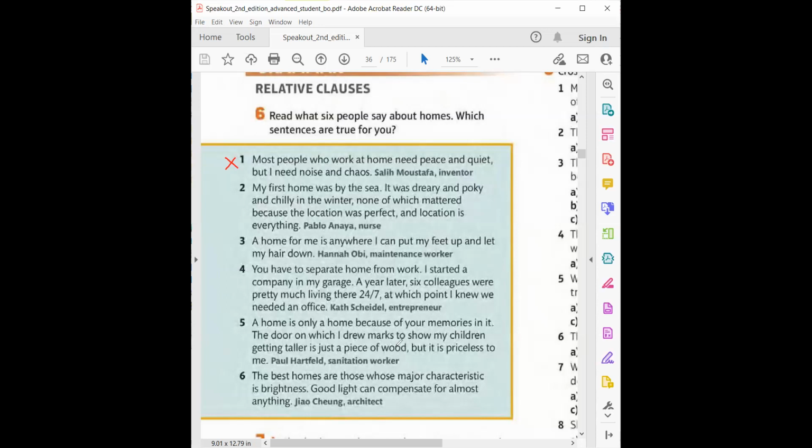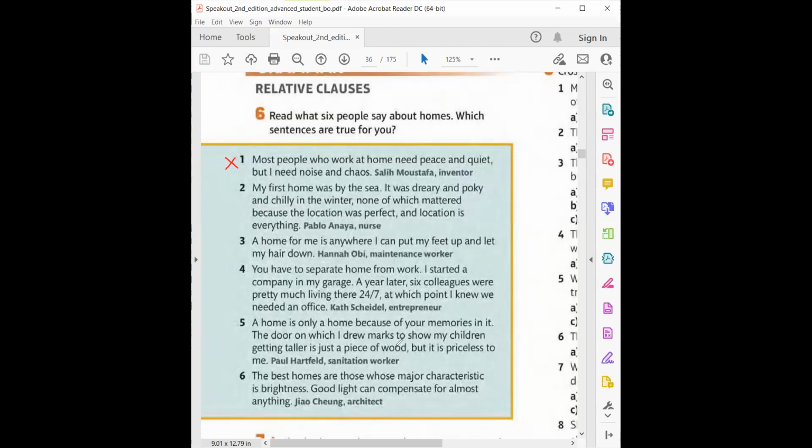What's the meaning of dreary here, by the way? Do you have any idea? Well, dreary means it makes you feel sad, not happy. Chilly is like cold, right? I thought chilly is a positive adjective.